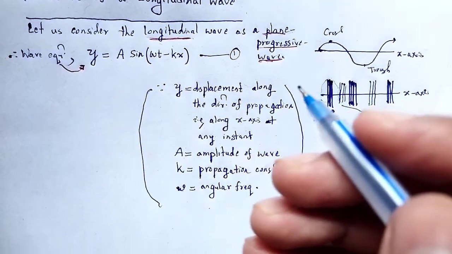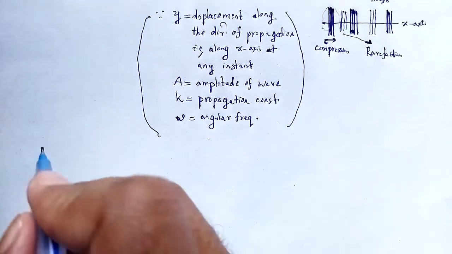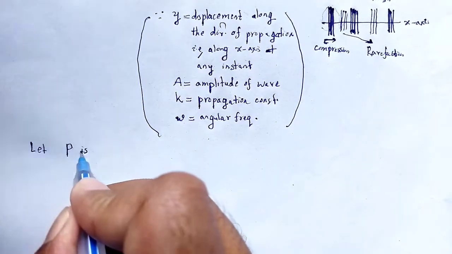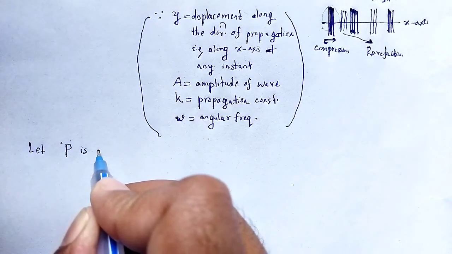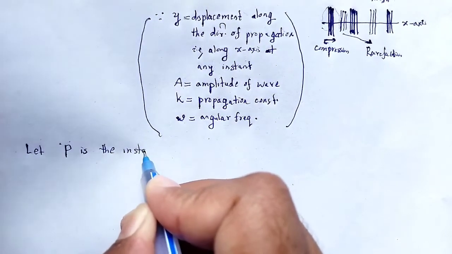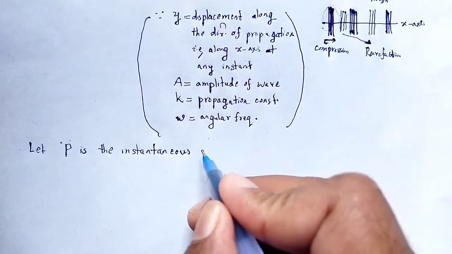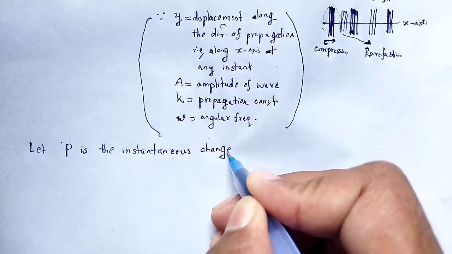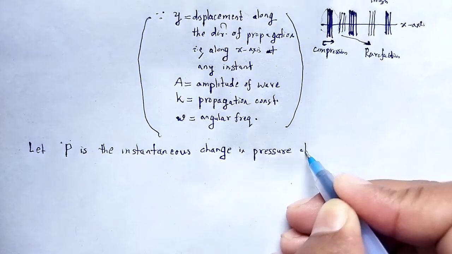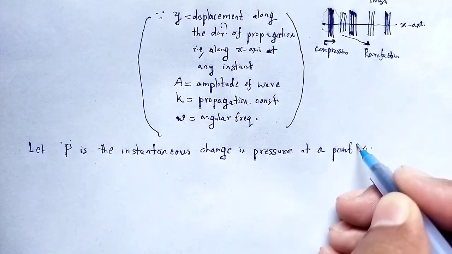Here also, let P be the instantaneous change in pressure at a point x.